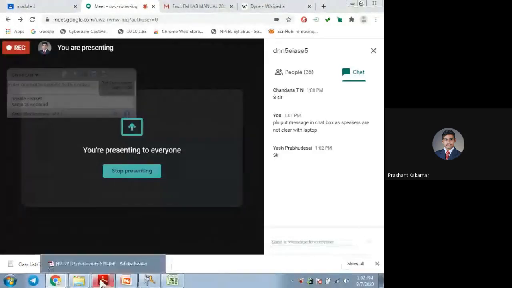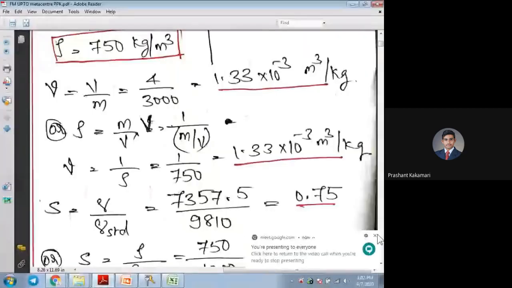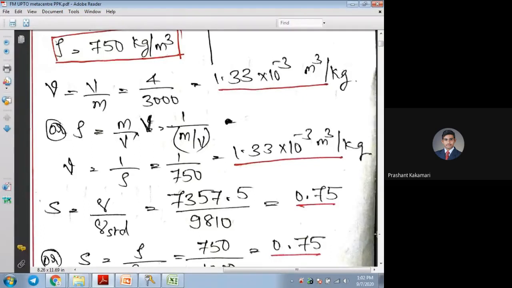Yes, correct. So here I will once again explain it. As per the definition of specific volume, it is the ratio of volume per unit weight. That is the actual definition. But in the problems, we have written the answer as specific volume, small v. This answer we have written as 1.33 into 10 raised to minus 3 meter cube per kg.